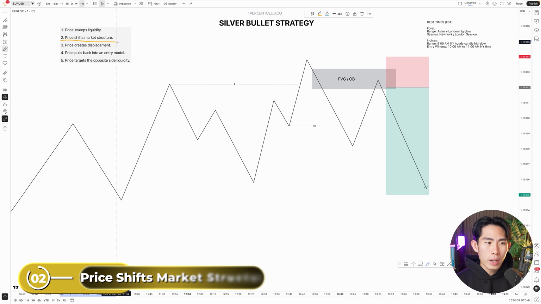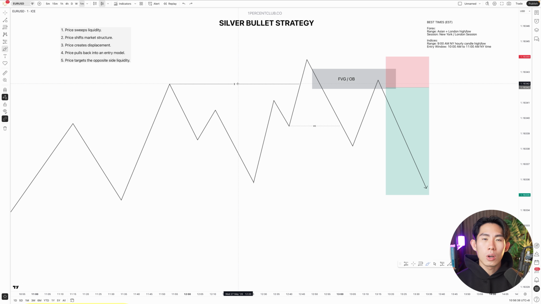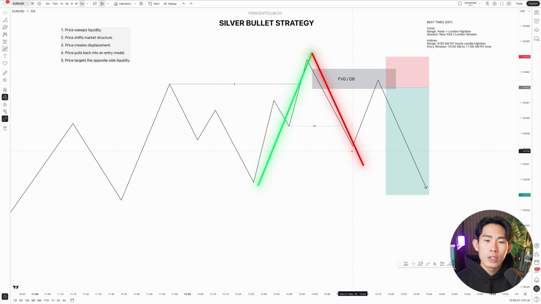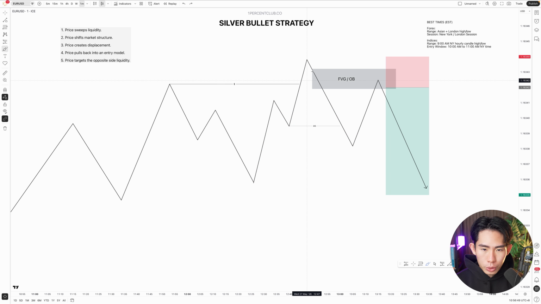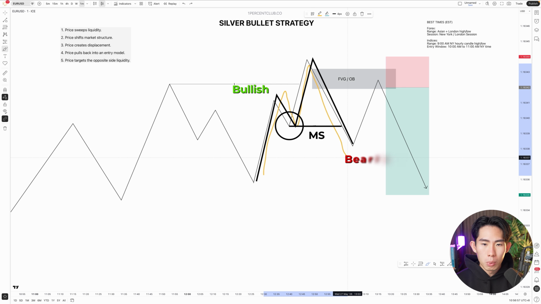The next step is that price shifts market structure, right? So obviously we want to see a confirmation that tells us that the trend direction has officially shifted, right? The trend has officially shifted from bullish to bearish. So this means that in an uptrend just like this, we want to see price take out the last low. If price takes out the last low, this tells us that we got a market shift, the trend is reversing from bullish to bearish.